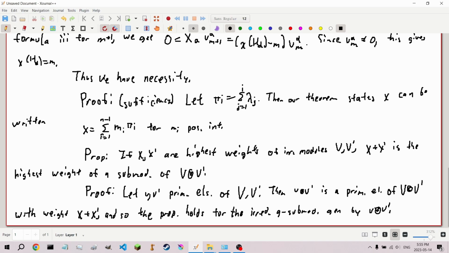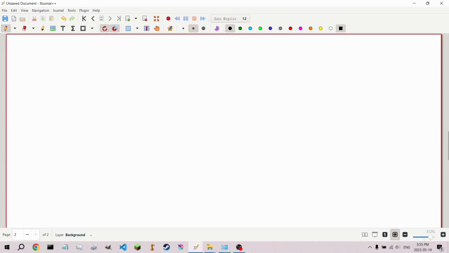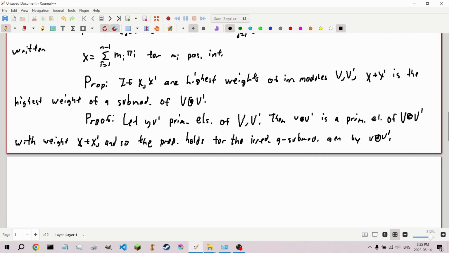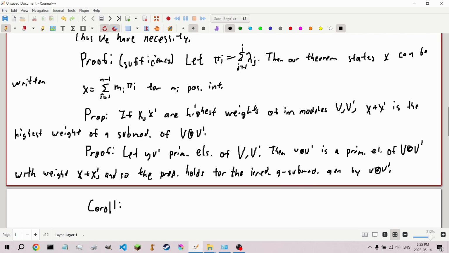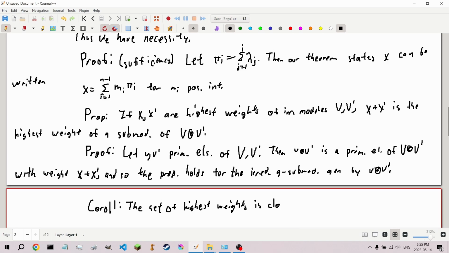And that comes with a corollary, which states the set of highest weights is closed under addition.